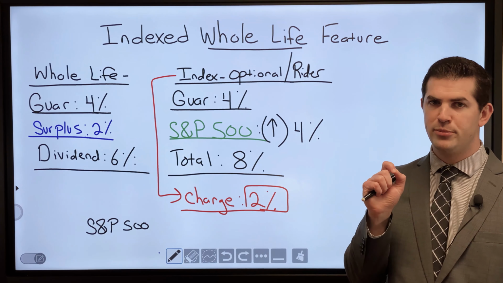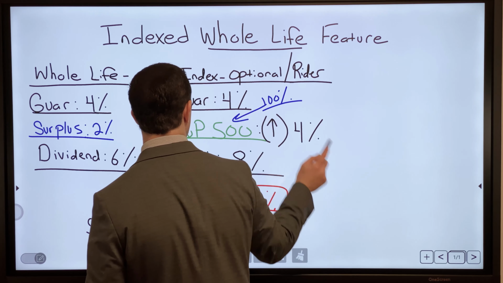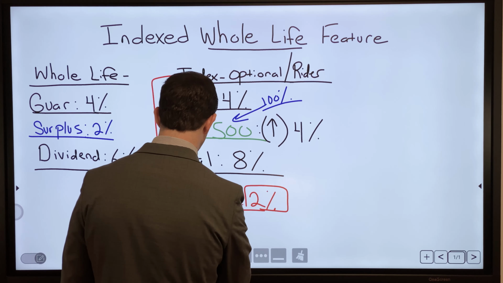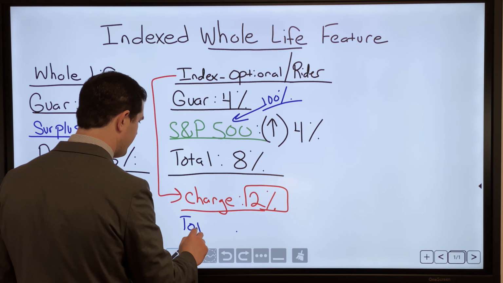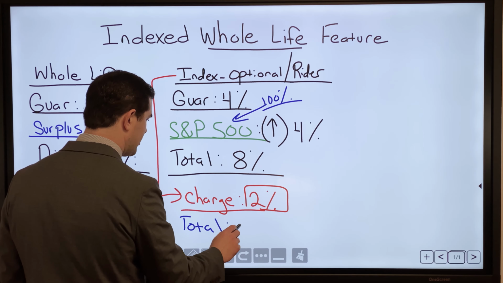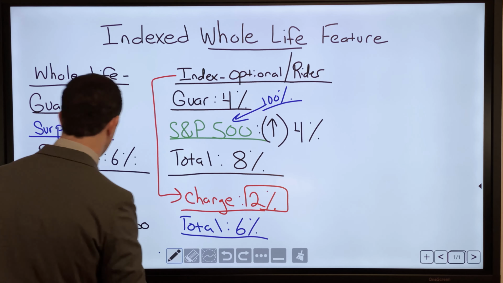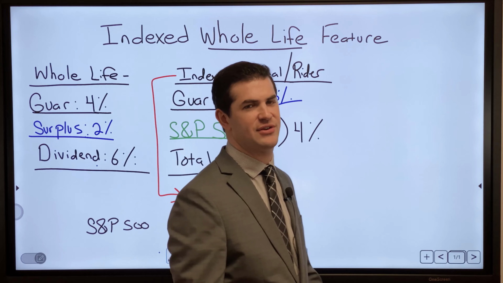If I have it at a 0% allocation, there's no charge. But if I allocate 100% of my cash value to the index strategy, I am going to be assessed a 2% charge. So in this case, what it would do, it dropped my total to what? 6%, which just so happens to match that dividend there. Good to be aware of this.